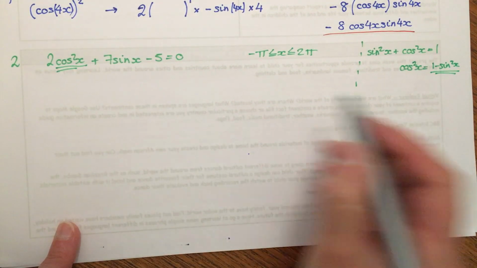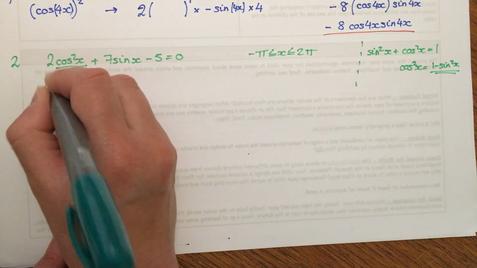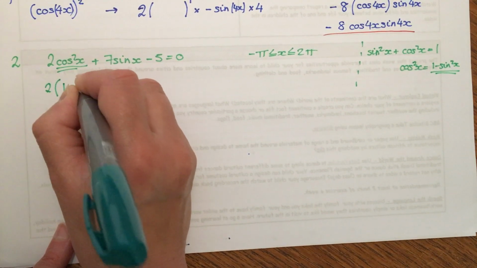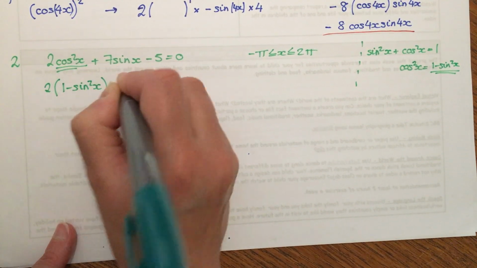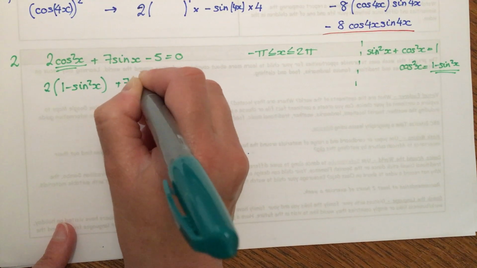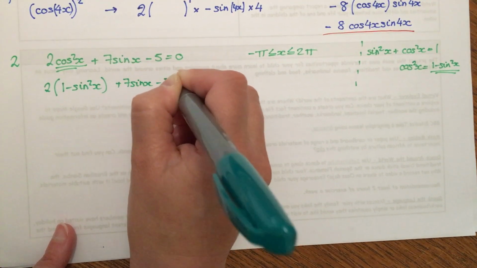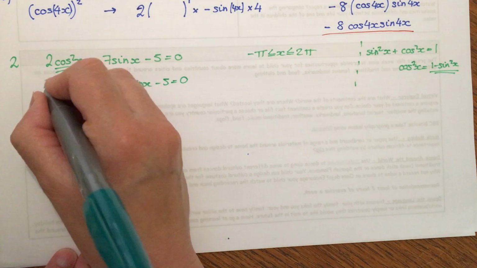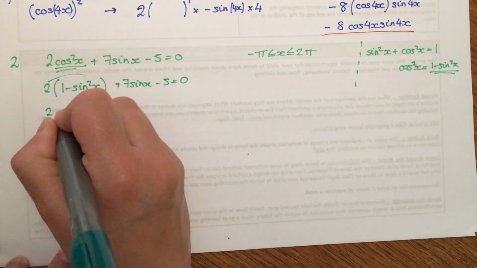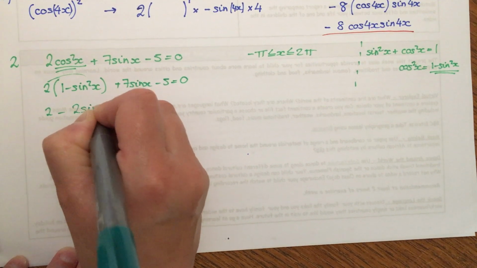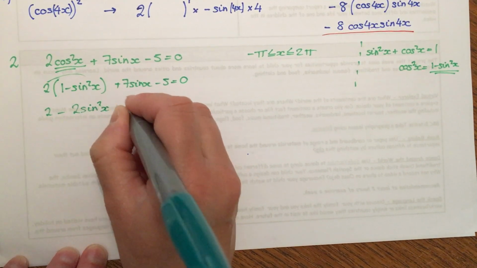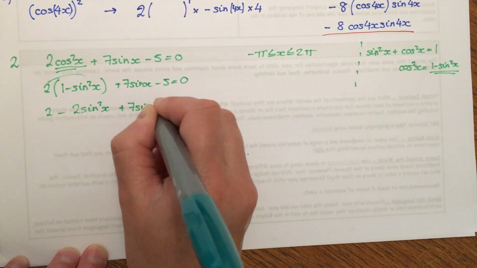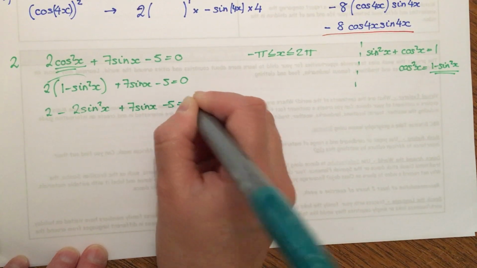So cos squared x becomes 1 minus sine squared x. So I've got two lots of (1 minus sine squared x) plus 7 sine x minus 5 equals 0. If I multiply all of that out, I've got 2 minus 2 sine squared x plus 7 sine x minus 5 equals 0.